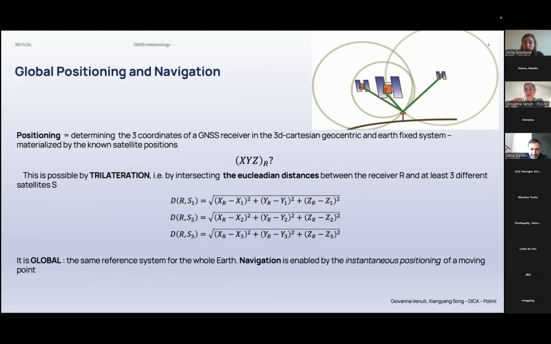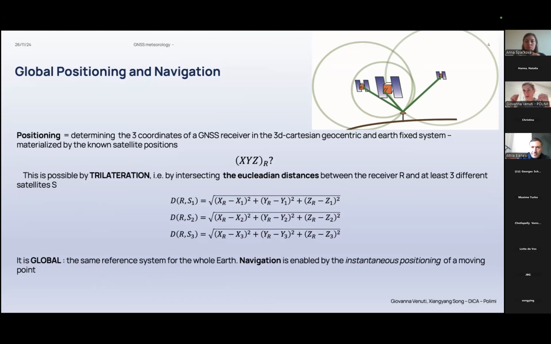If you are equipped with a proper receiver, a GNSS receiver, you can track the signals emitted from those satellites, and you can determine your own coordinates in this global framework, wherever you are on the globe. This means that it is global. You can determine your position even if you are moving. So it's also a navigation system. It was born for navigation purposes, as a matter of fact.